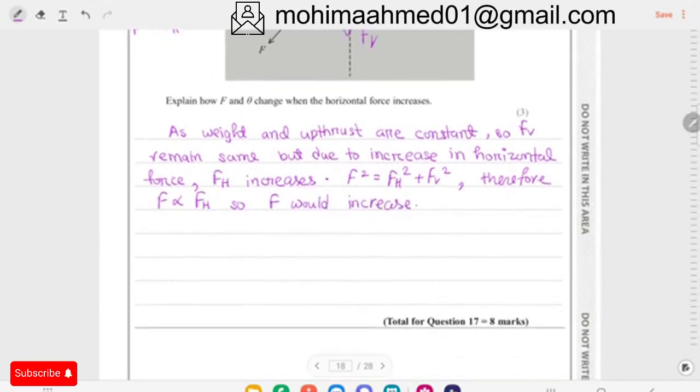Then, second part, tan theta, or theta, is actually tan inverse of FH over FV, which means that theta is also directly proportional to the horizontal component. So you can write theta is also directly proportional to the horizontal component, which indicates theta would also increase.